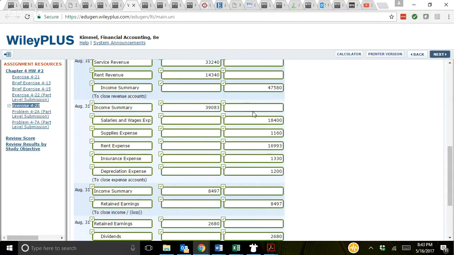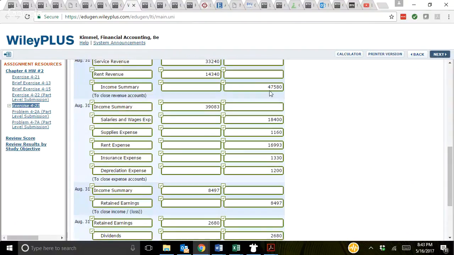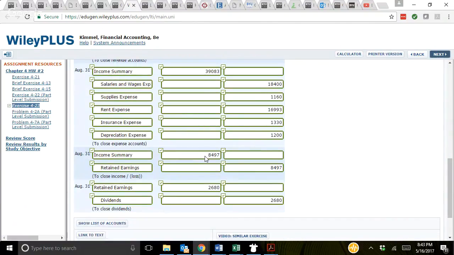Up here in our revenues, we credited the income summary 47,580, and then we debited the income summary 39,083. When we put those two numbers together, we get a net, and it's a positive, of 8,497 to the income summary. So this is what we profited this month. This is our net income.